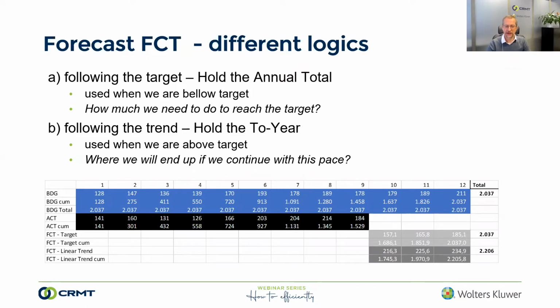The second forecast is a linear trend. The total here is above our target, and the numbers here are prepared with this predictive engine. And of course, A is the first forecast, the target, and B is the second forecast.